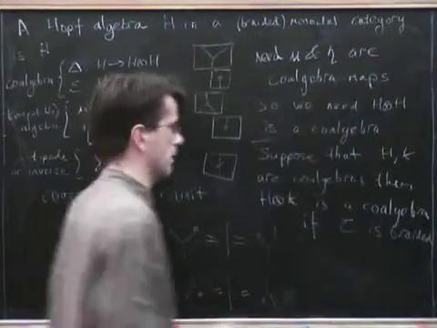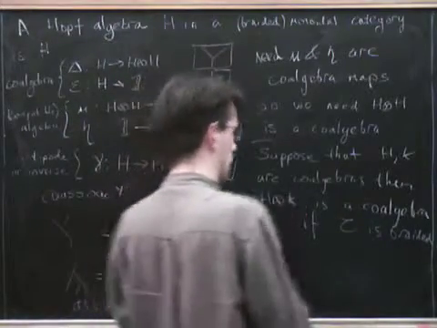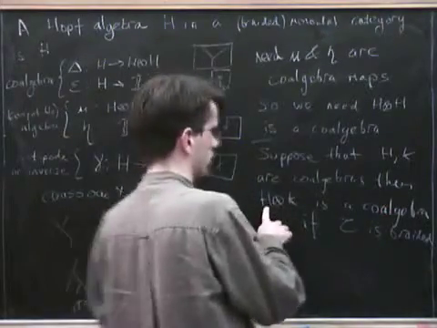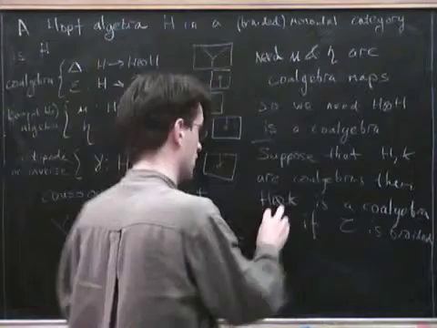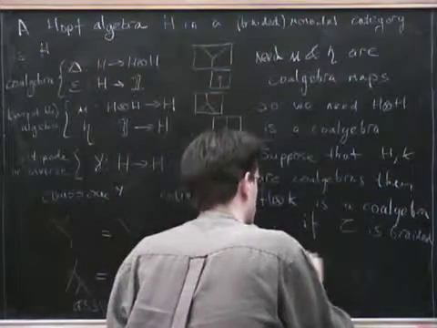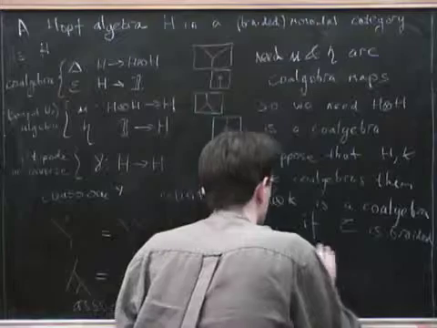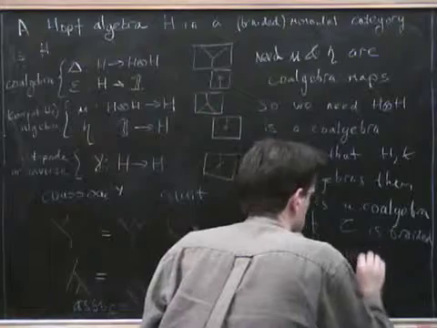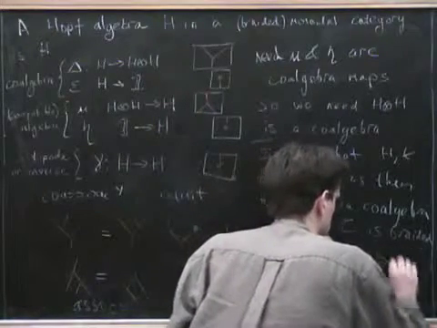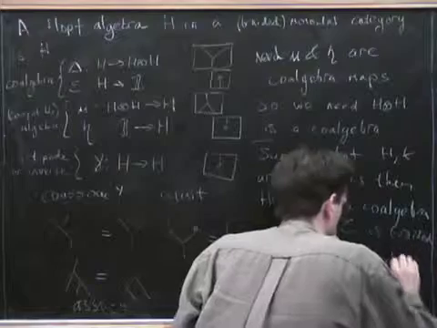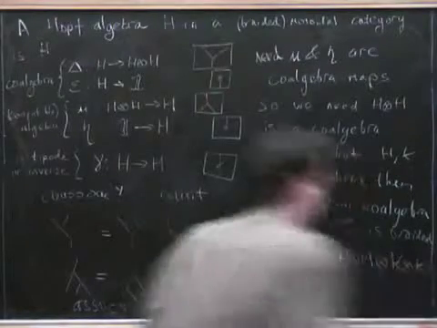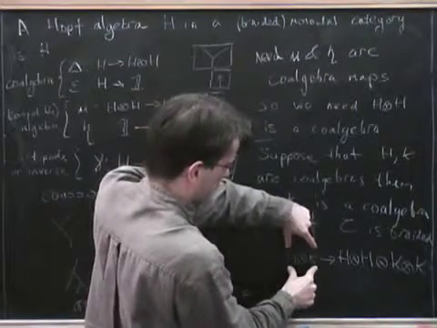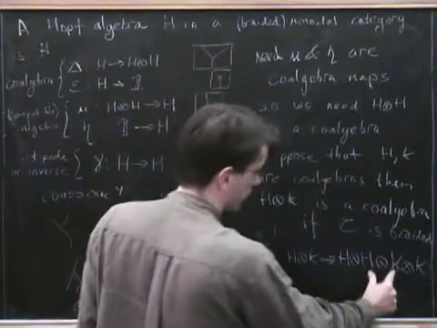So braided, well, let me just explain how we do this. What we want is a co-product on here, but we have a co-product on H and we have a co-product on K. So we can just apply those. If we go H tensor K and apply the co-product there and the co-product there, we get H tensor H tensor K tensor K. Now what we wanted, for this to be a co-algebra, was for it to go to this tensor itself, but the order's mucked up.